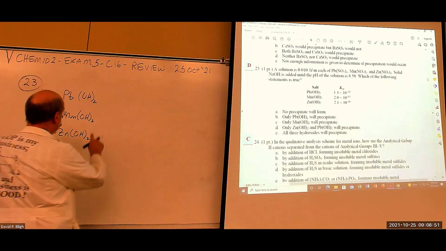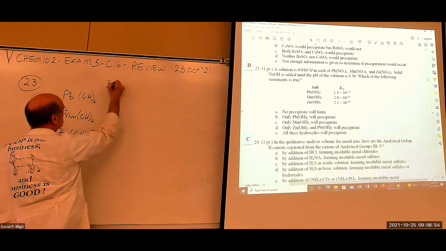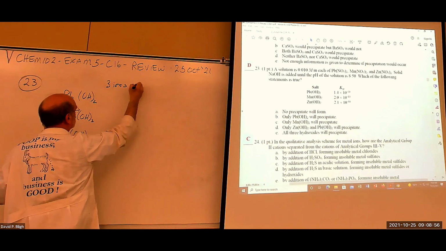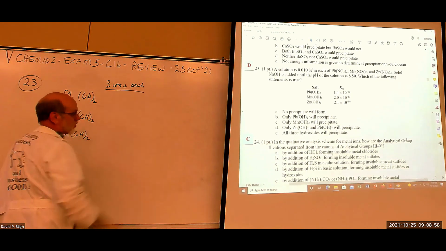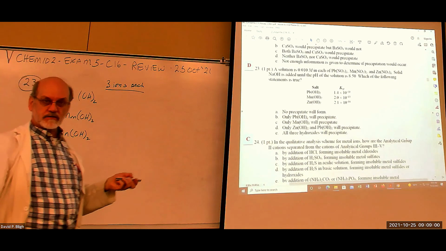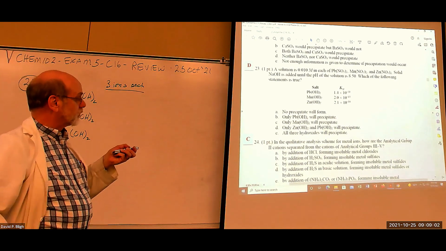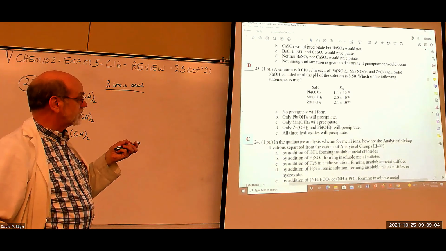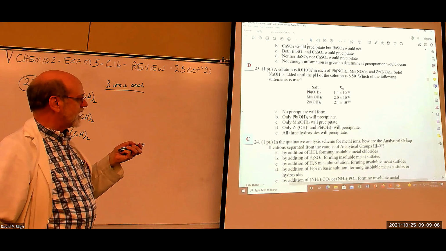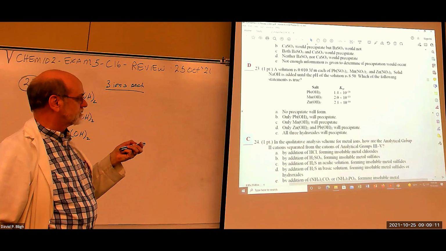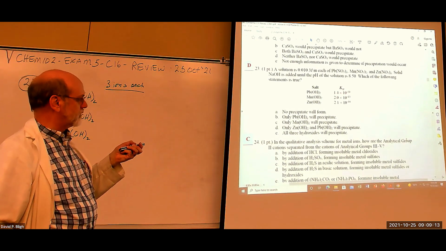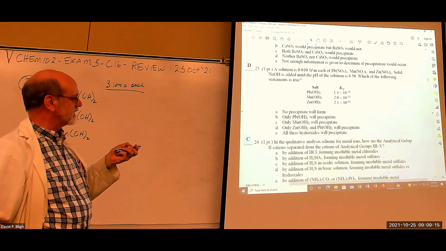So since we produce 3 ions each, we can directly compare their K values. Right? Lead hydroxide has the least solubility. Zinc has the next least.